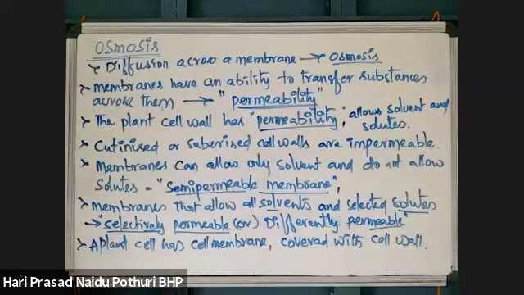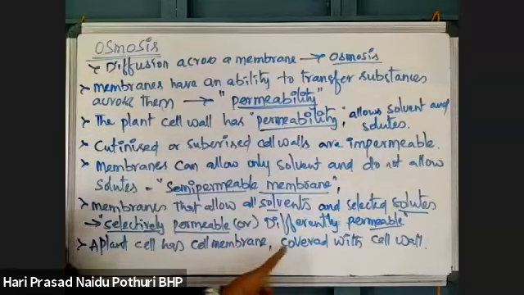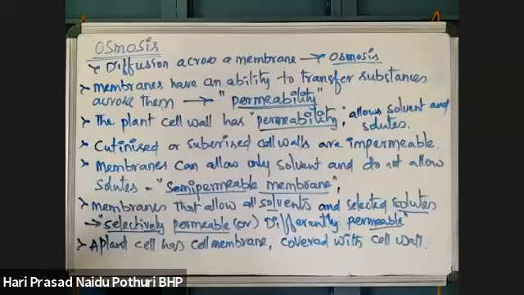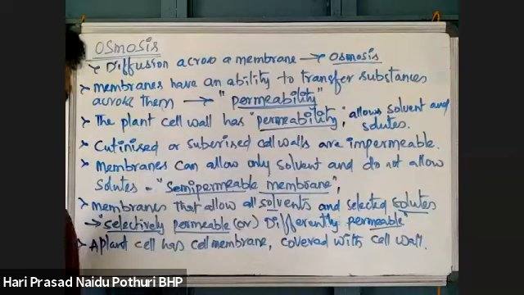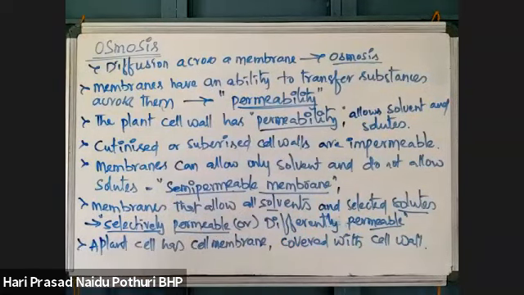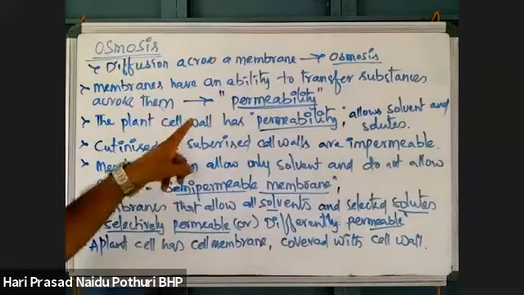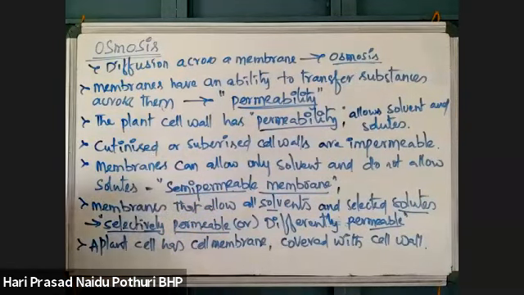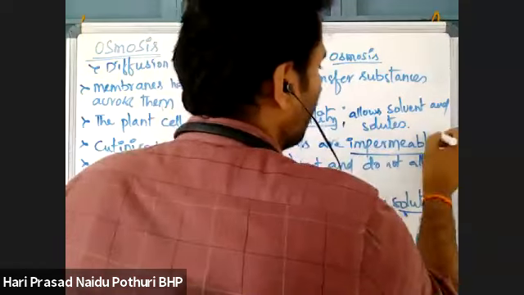The cell membrane is the outermost part of the protoplast. Cell wall with cutin or suberin means they are impermeable. There is no movement of water.